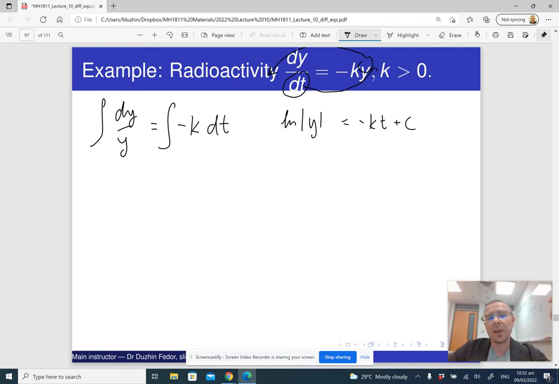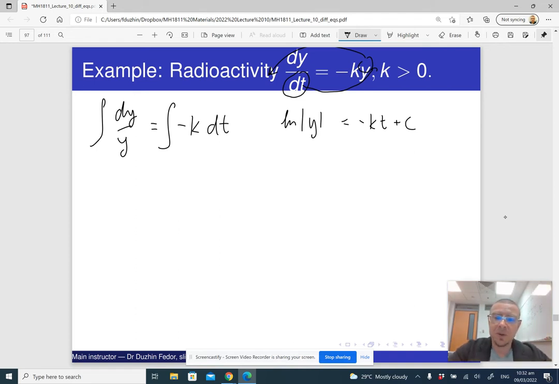But if we are interested in just a radioactive material, then the amount of radioactive material cannot be negative, right? So if y is the mass of radioactive material, then there is no such thing as negative mass.